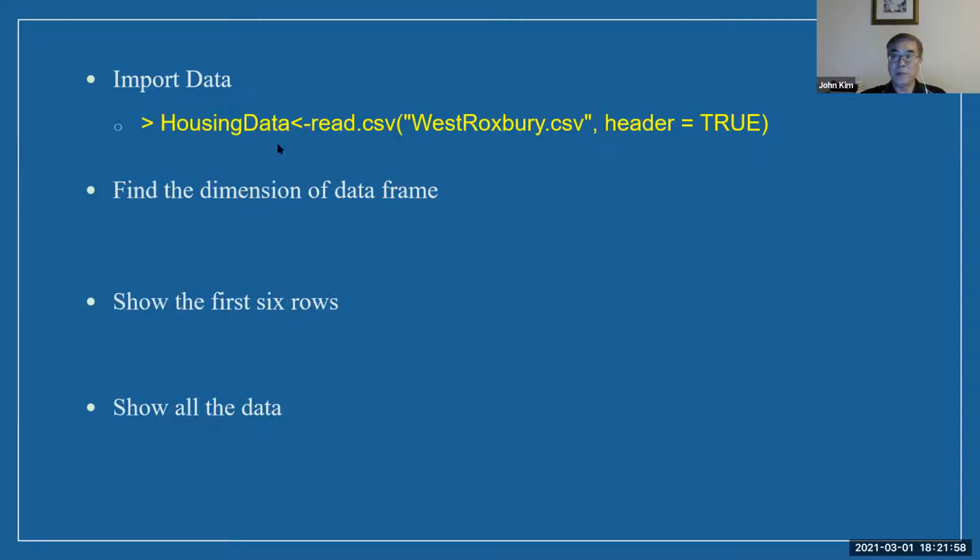Using the read.csv function, we will read in this file, making a data set for R. And this one is not necessary, but just type header equal TRUE, which shows the header. So type this up there.